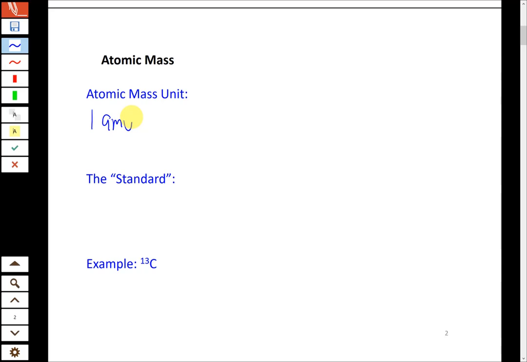But an atomic mass unit, AMU, is defined as the mass of the carbon-12 isotope divided by 12. Again, that's the standard that was chosen. I don't know who the powers that be were that chose that or why, but that's a very common isotope in the natural world.